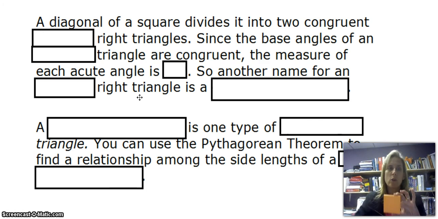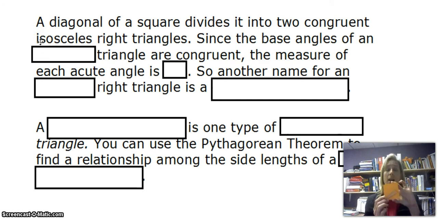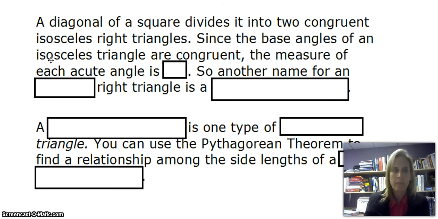divides it into two congruent, what kind of isosceles, right? Isosceles right triangles. And since the base angles of an isosceles triangle are congruent, so we'll be looking at that triangle like this, right?